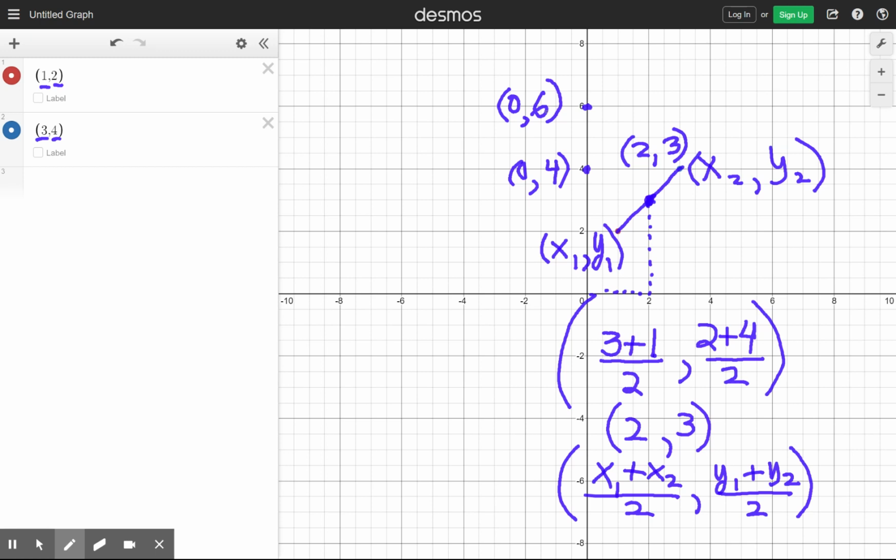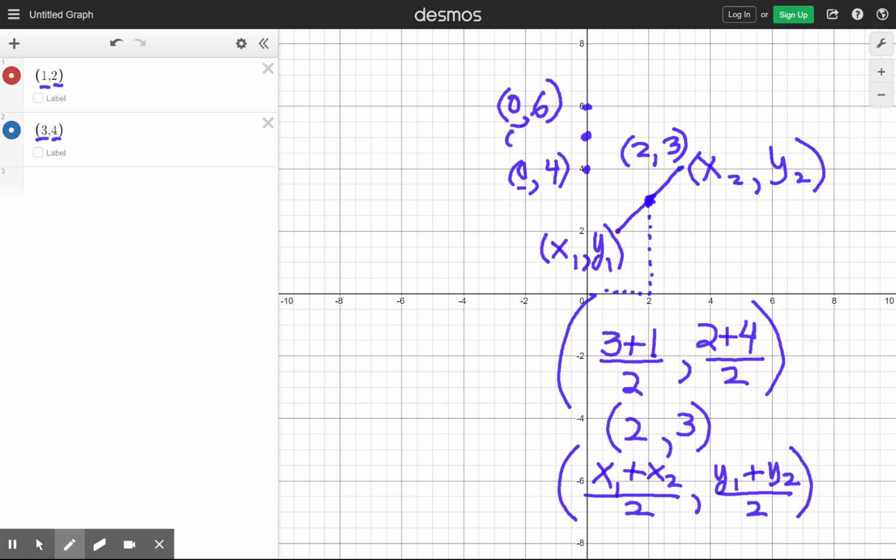Okay, so if we're going to find the midpoint, we need to average the x values. So that would be 0 plus 0 divided by 2, which is just 0. And for the y coordinates, we would take 6 plus 4 is 10 divided by 2, which is 5.